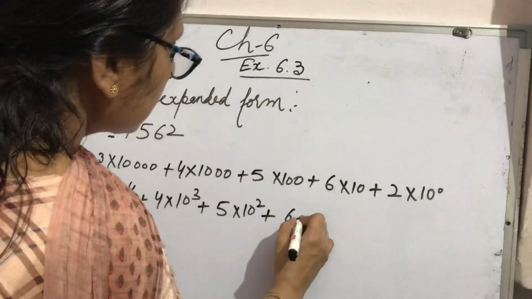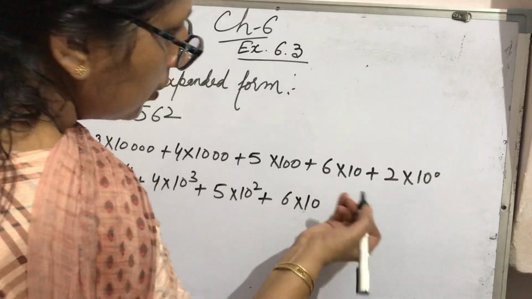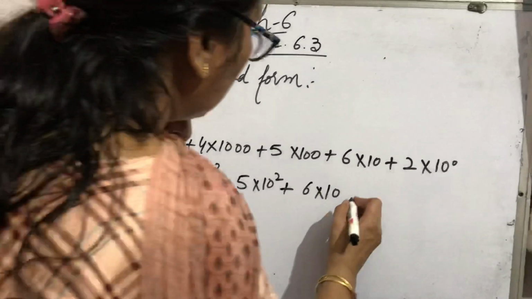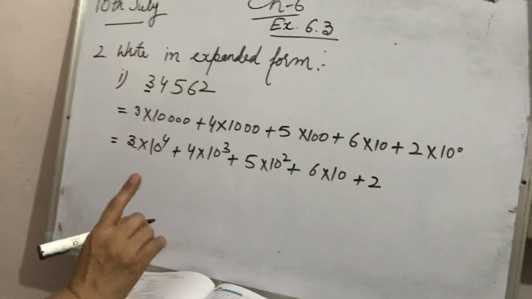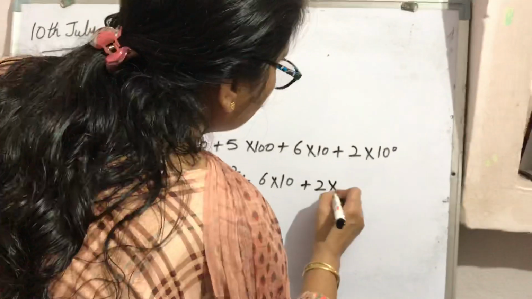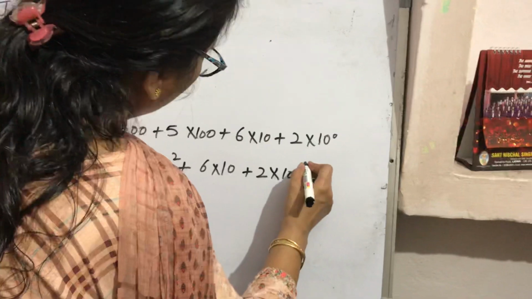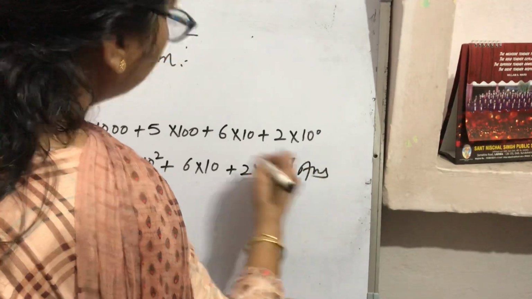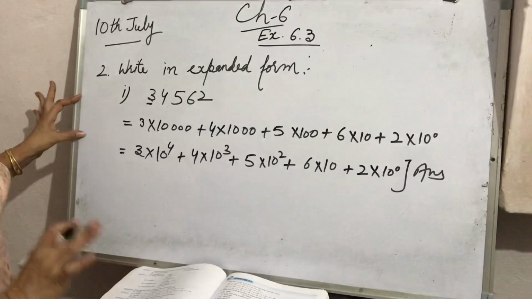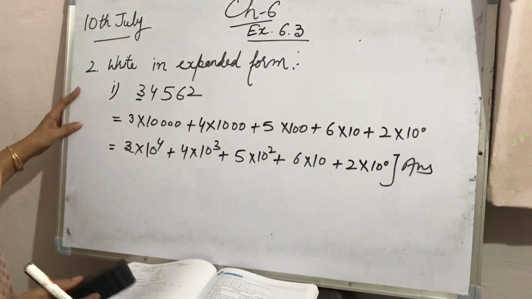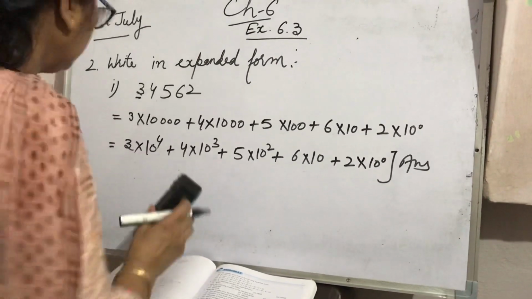Plus 6 multiply 10 raised to power 1, no need to mention 1. Then plus 2. You can leave only 2, or you can use 10 raised to power 0. So this is the expanded form of this number. Is it clear?